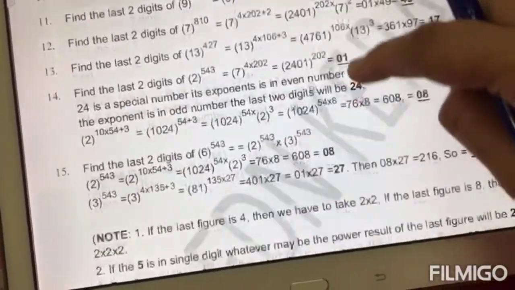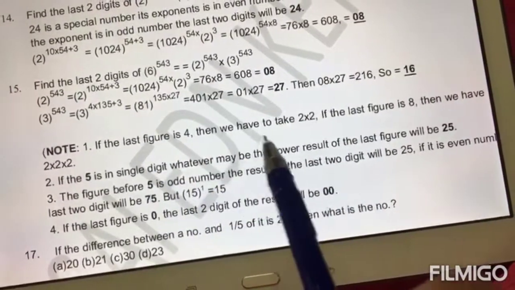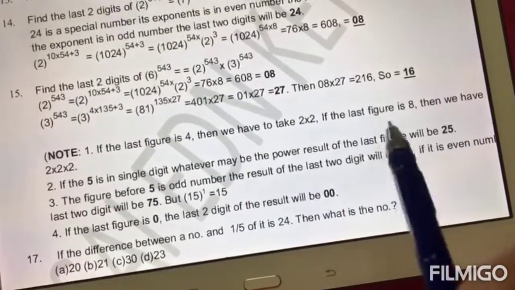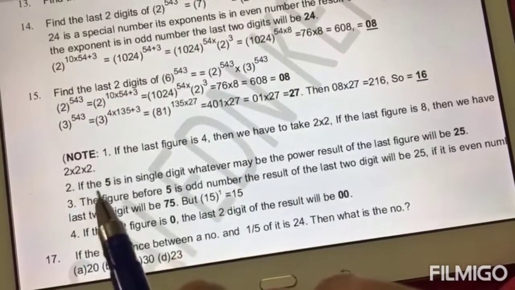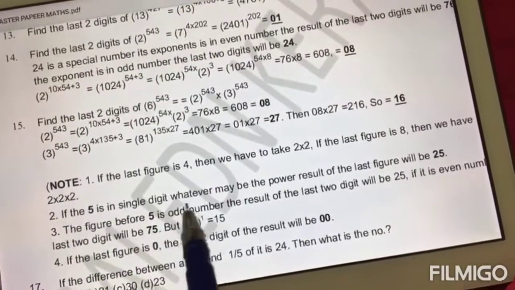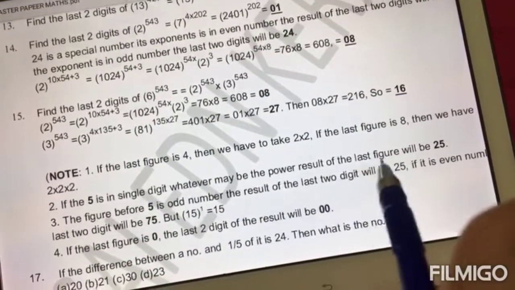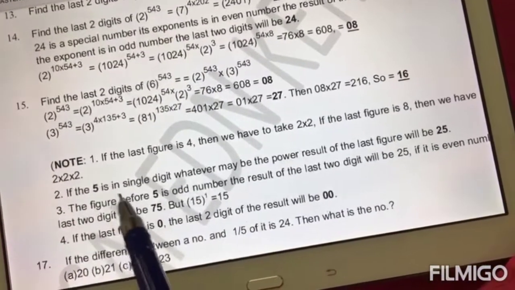Same way, 15, I'm not doing it. Please read this note. If the last figure is 4, then we have to take 2 into 2. If the last figure is 8, then we have to take 2 into 2 into 2. If 5 is in the units place, whatever be the power, the last figure of the result will be 5. The last 2 digits will be 25. Okay, remember that.